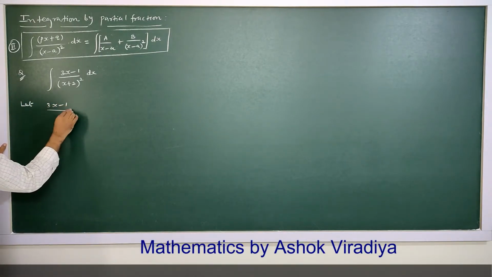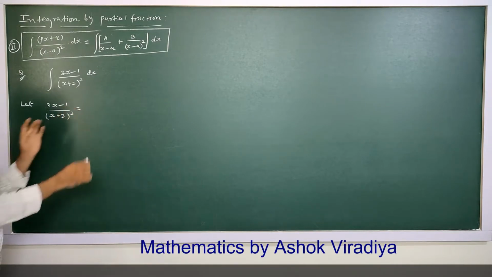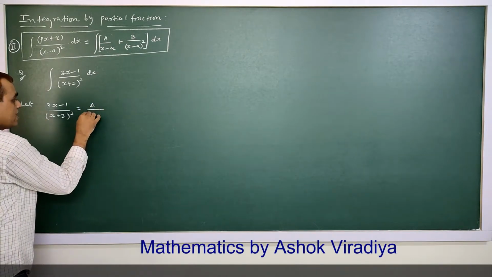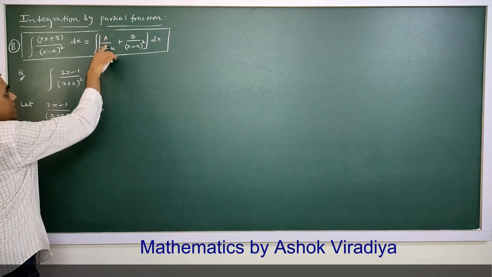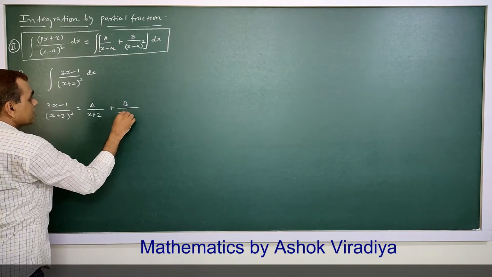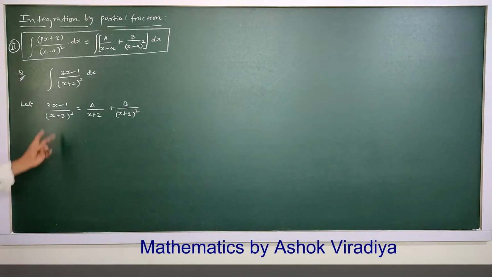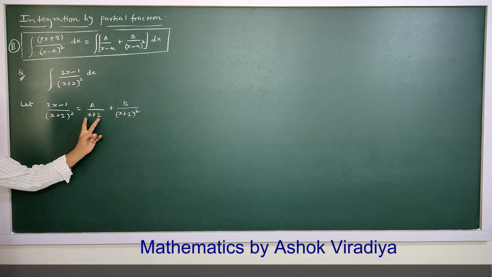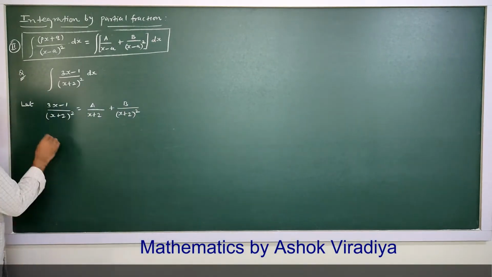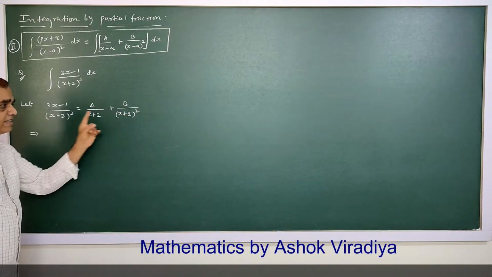3x minus 1 upon x plus 2 whole square equal to a upon x plus 2 plus b upon x plus 2 whole square. One time, then here square. Now see the LCM on this side.